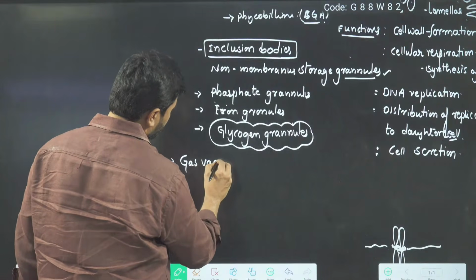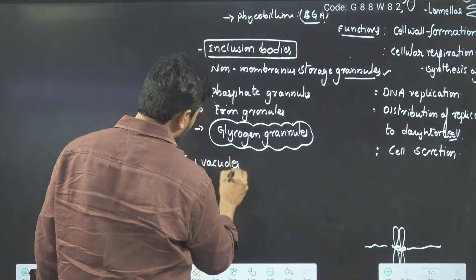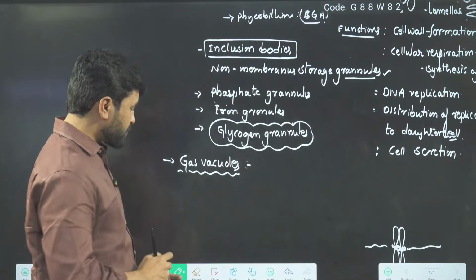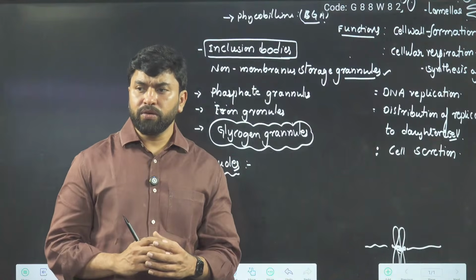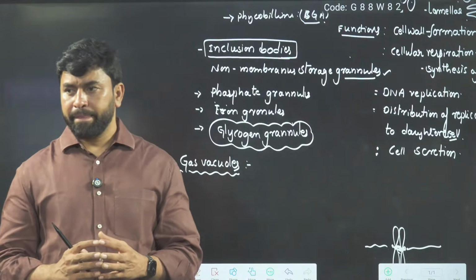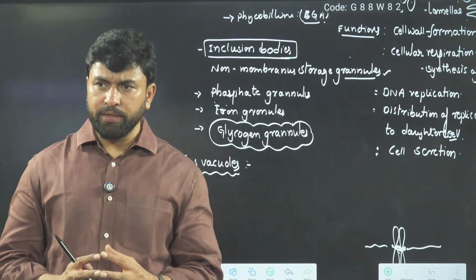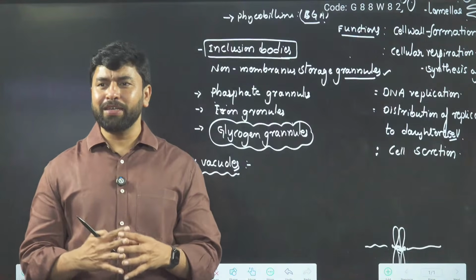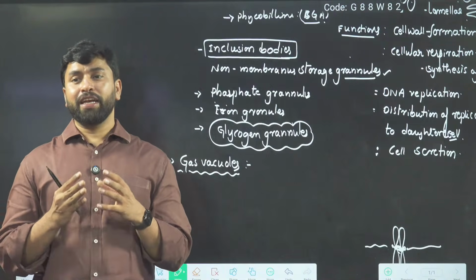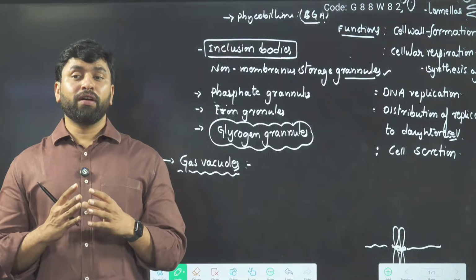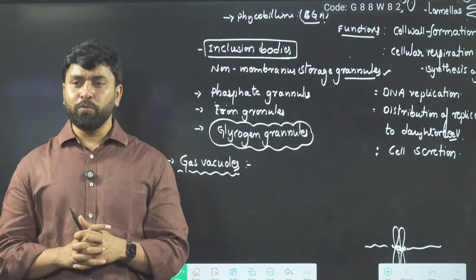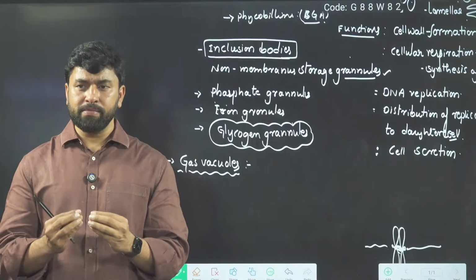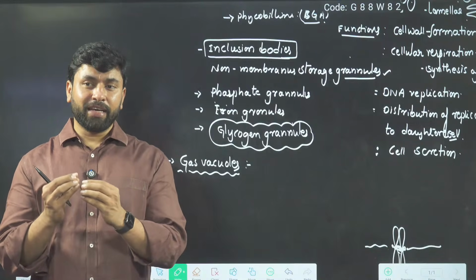Gas vacuoles. Who are these gas vacuoles and what is their story? Observe. When you talk about the term vacuole, did you see the vacuole term only in our bacteria? No, earlier we have seen there is a name called vacuolar membrane, which is called tonoplast. Inside the tonoplast there is tonoplasm, and contractile vacuole.